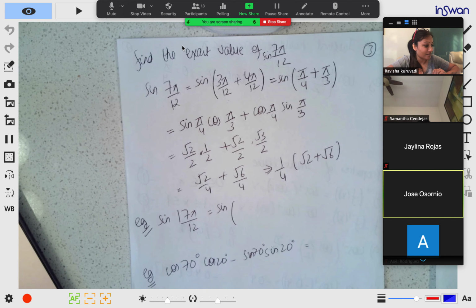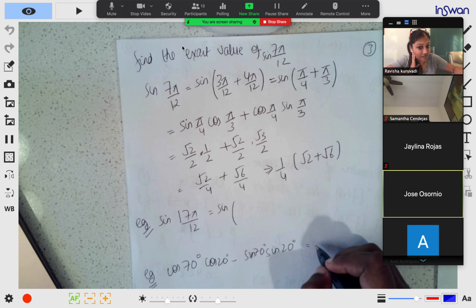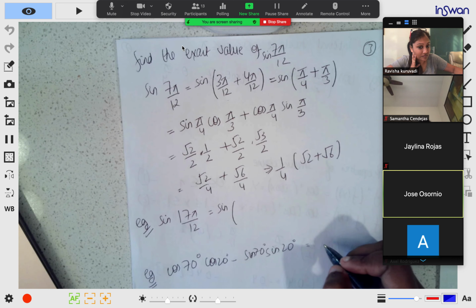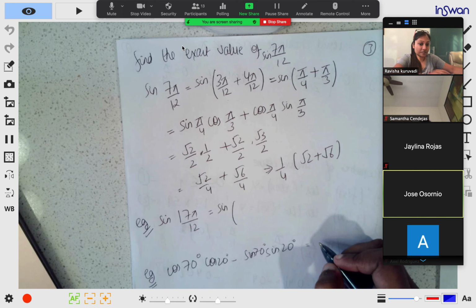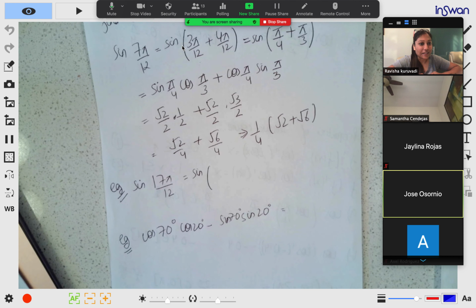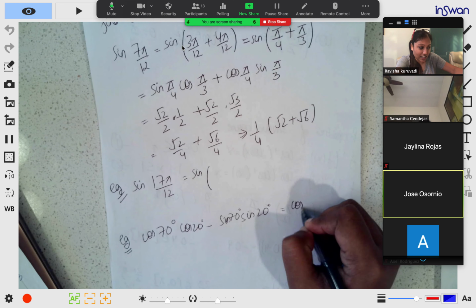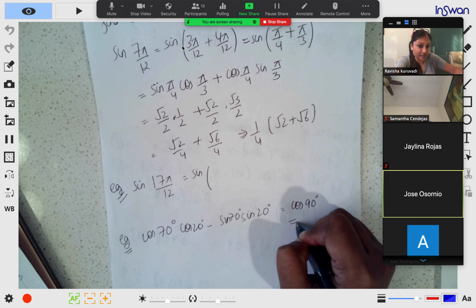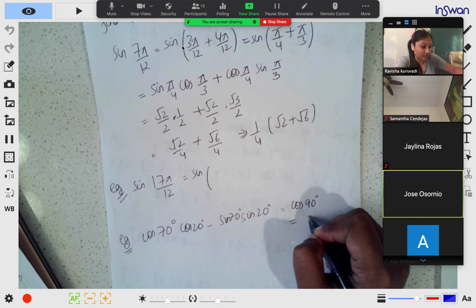Let me check that property real quick. Oh, you're adding. Yeah. So it'd be cosine 90, and cosine 90 is what? 0. Cosine 90 is 0.